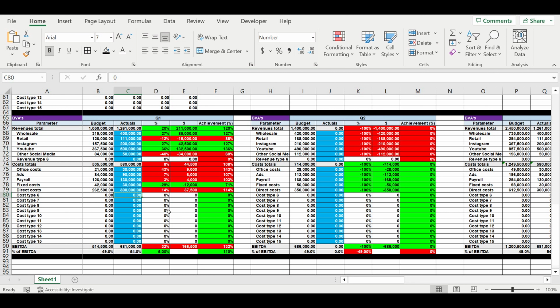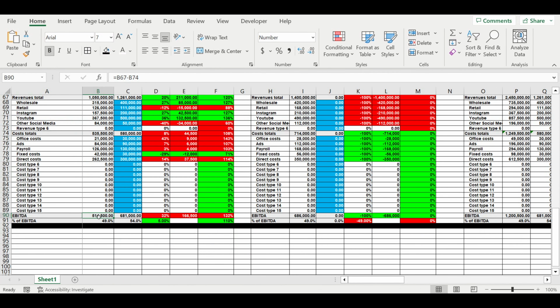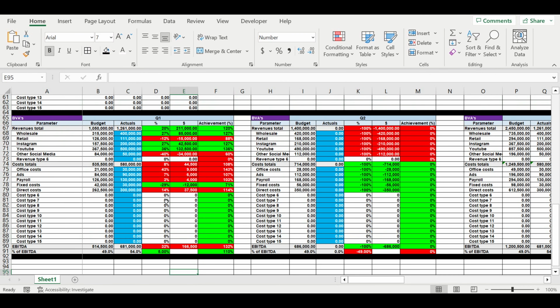And here we can see also conditional formatting: if the actuals were lower, it is good. If the actuals are higher, then it is bad. And here we see the target profit EBITDA. This is the actual EBITDA. This is the percentage of EBITDA, and it is also colored with conditional formatting to give you a signal what is good, what is bad. And then you go quarter by quarter.